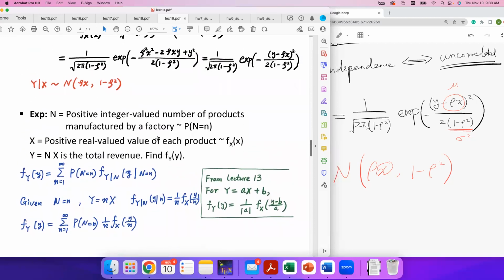So let's look at the following example, which is a kind of discrete case. We define capital N as the number of products manufactured by a factory. So this capital N is a positive integer. We assume that this capital N is a random variable with such a probability mass function.